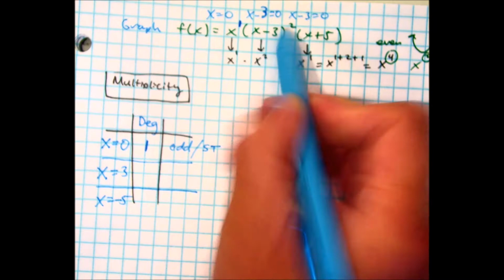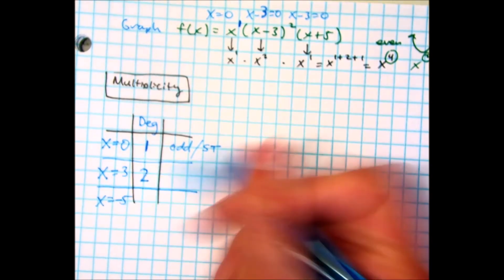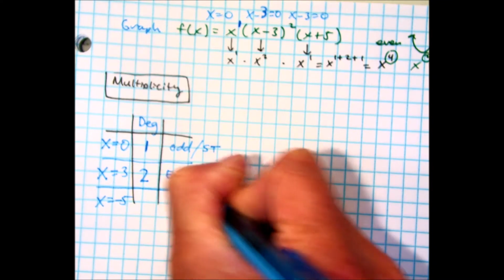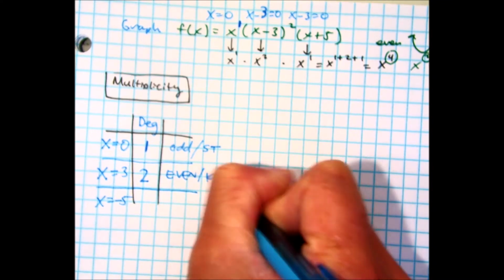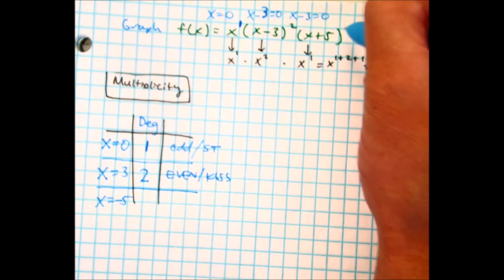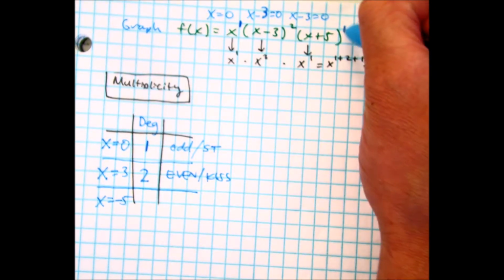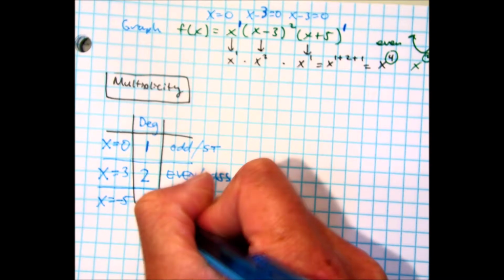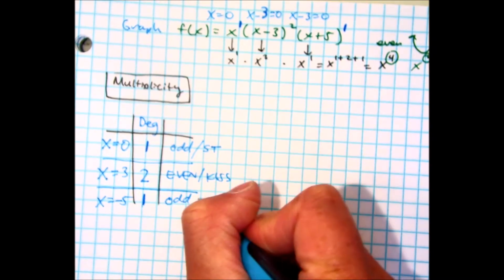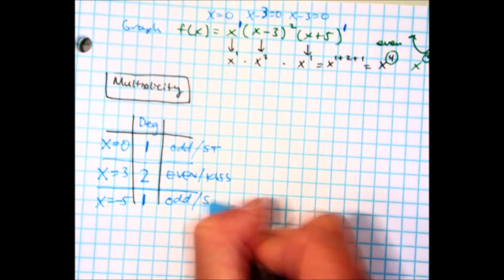Its degree is 2. This 2 is an even number. And you will kiss. And the last one, its highest degree is what? 1. Odd or even? Odd. Shoot through or kiss? Shoot through.